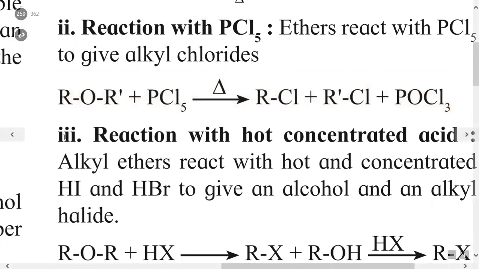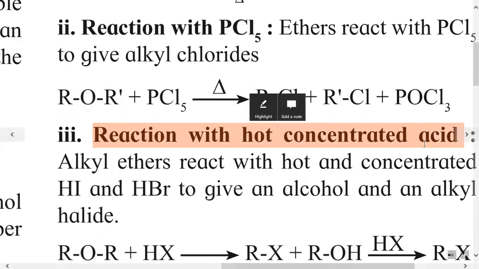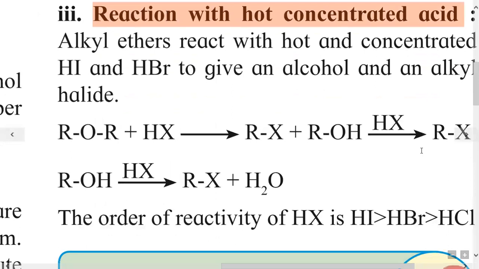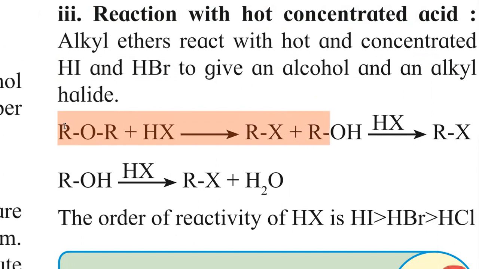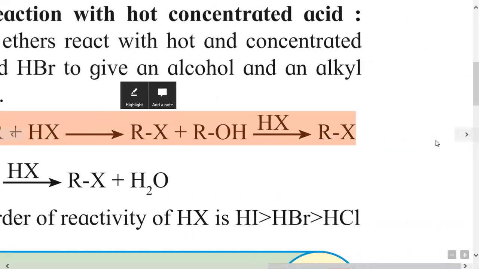Next reaction of ether is reaction with hot concentrated acid. Here alkyl ethers react with hot and concentrated hydroiodic acid and hydrobromic acid to give alcohol and alkyl halide. The equation is: ROR, an ether, reacts with HX, that is hydrogen halide, to give alkyl halide and alcohol. This alcohol again reacts with HX and gives alkyl halide.